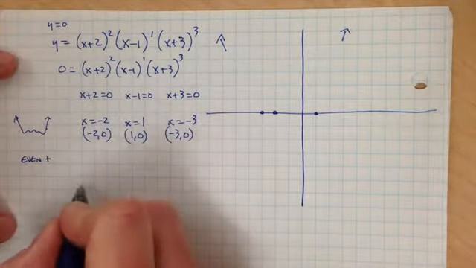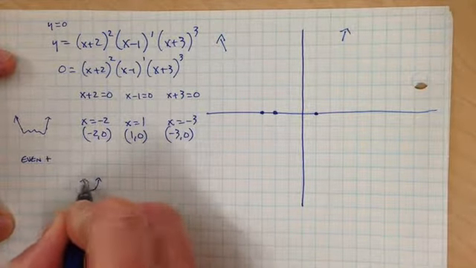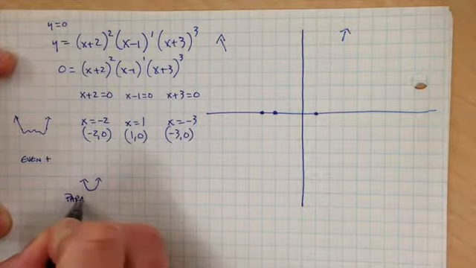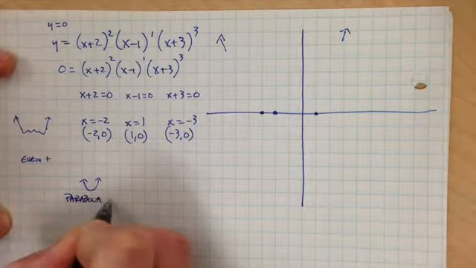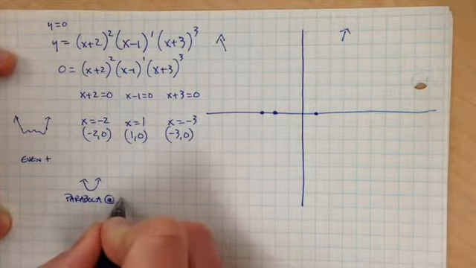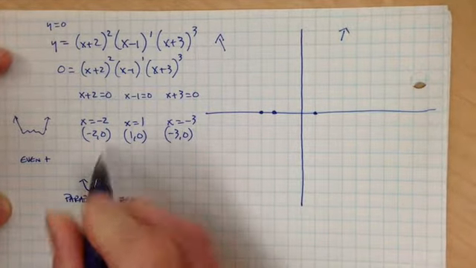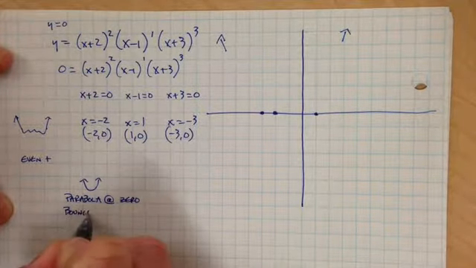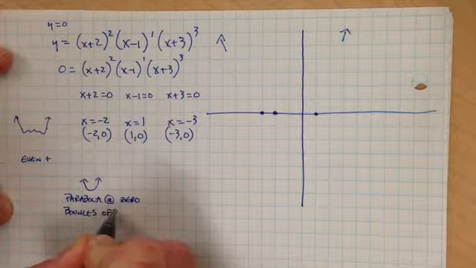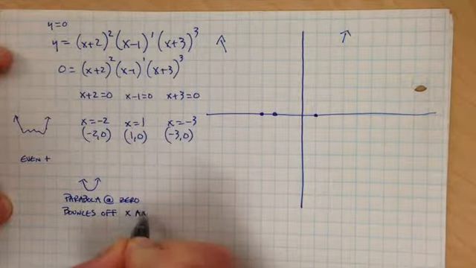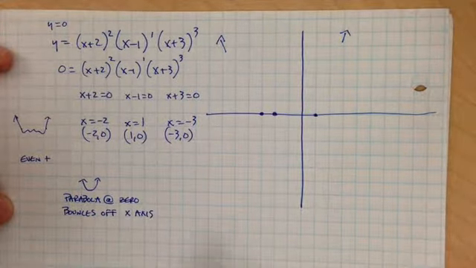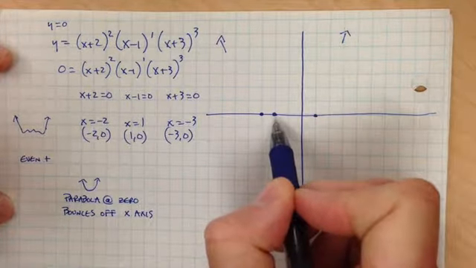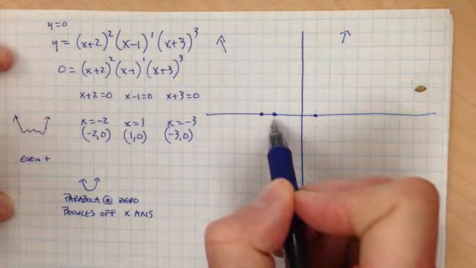So this root right here acts like a parabola at the root. That means it bounces off the x-axis. So as I'm coming down here at this negative 2, I'm going to have some sort of parabola behavior right there.